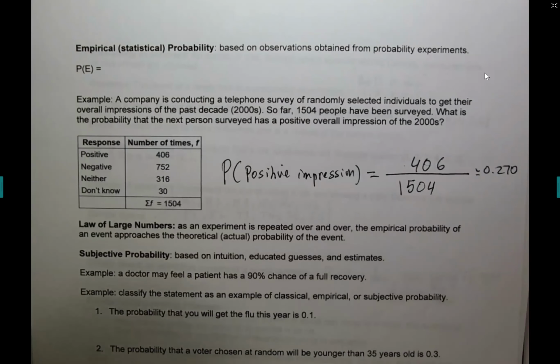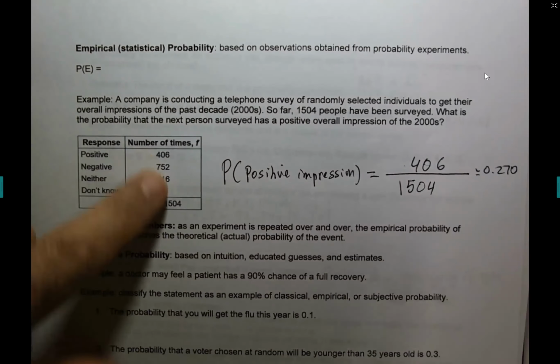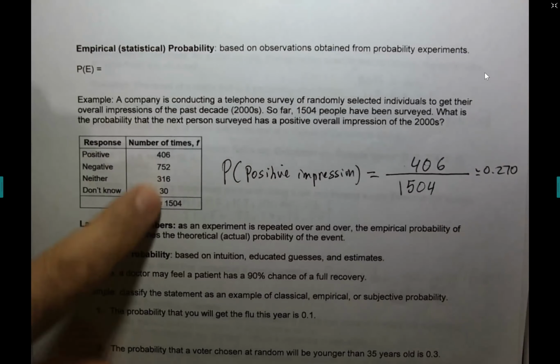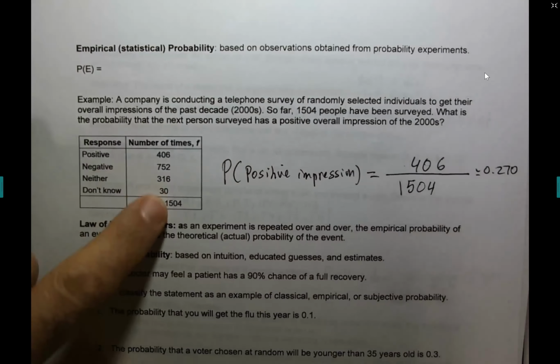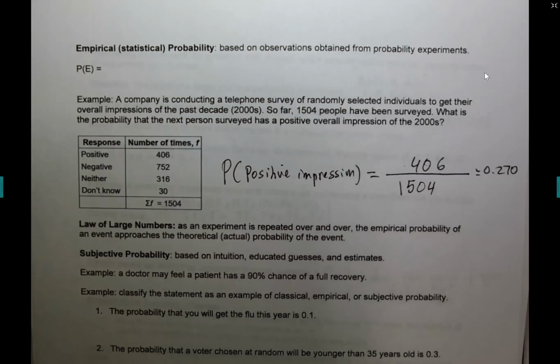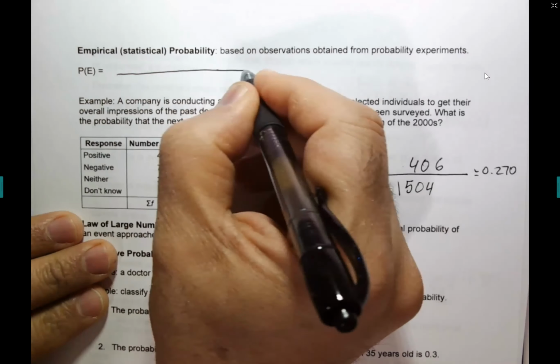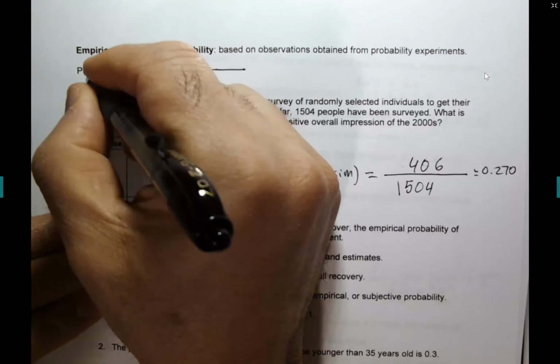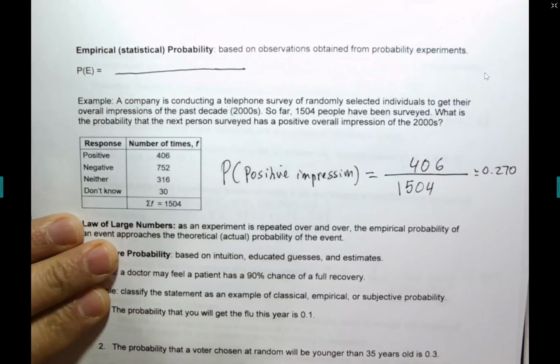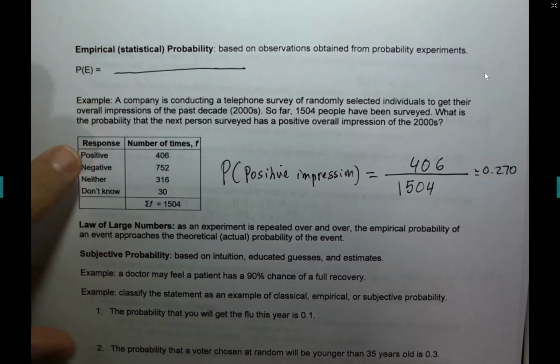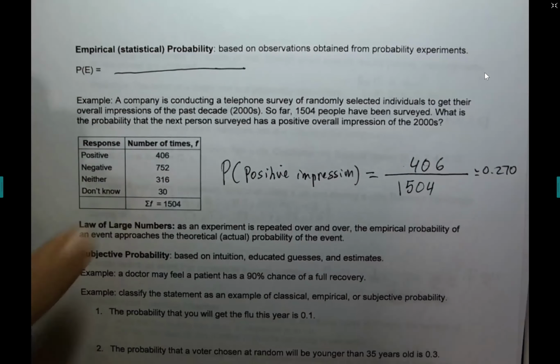Okay. So if you have a table, just like the frequency table right here, guys, there is another definition of probability that we can write here, which is called the empirical definition of probability, based on statistics, based on tables.